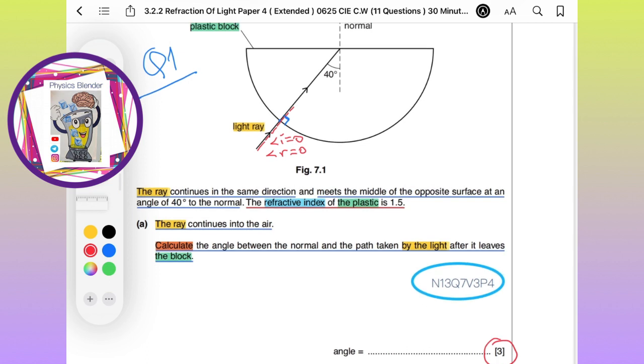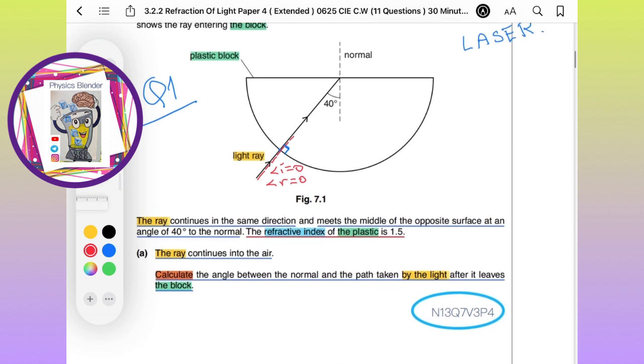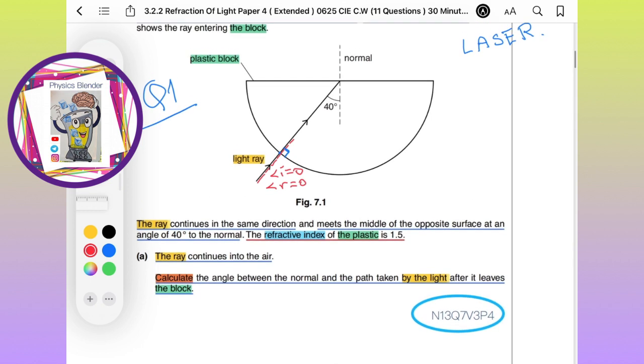First step, it's mentioned already that the ray will continue into air. So no need to check the critical angle. But if you have a prism, later on in other questions, you have to check the relation between the critical angle and the angle of incidence.